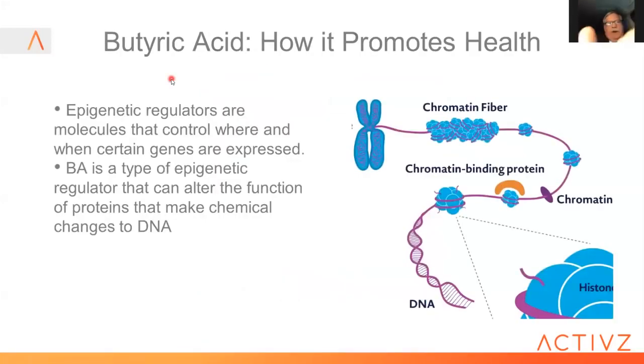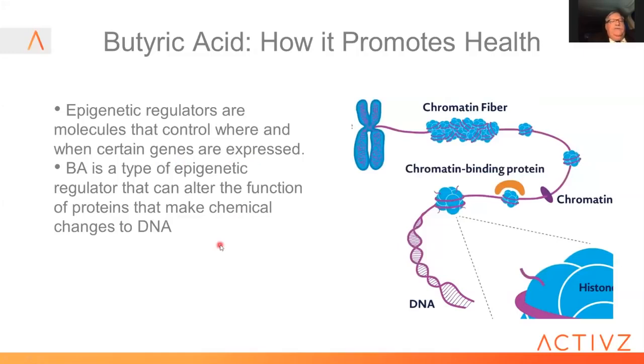So when we talk about butyric acid, how does it promote our health? Well, we all hear the term epigenetic function in these products. Epigenetic regulators are the molecules that control where and when certain genes are expressed.